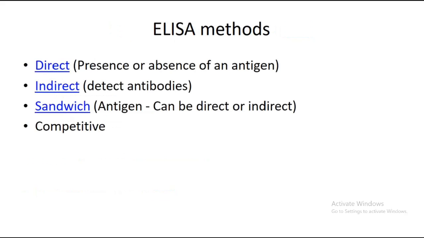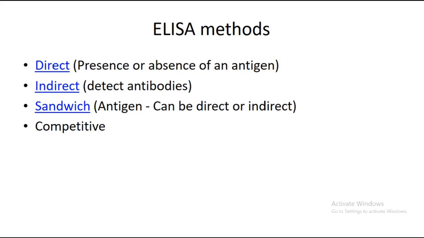So now we're on to the actual ELISA methods. Generally speaking, there are four types: the direct ELISA, the indirect ELISA, the sandwich ELISA, and the competitive ELISA. The direct ELISA generally involves the presence or absence of an antigen. Indirect ELISAs are usually used to quantify antibodies within your blood.